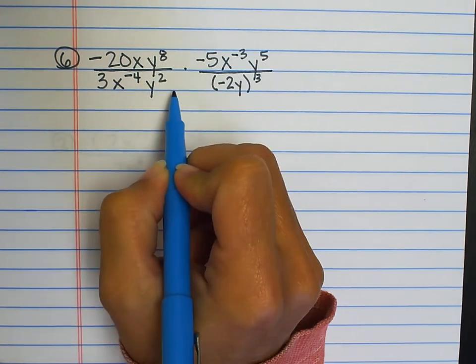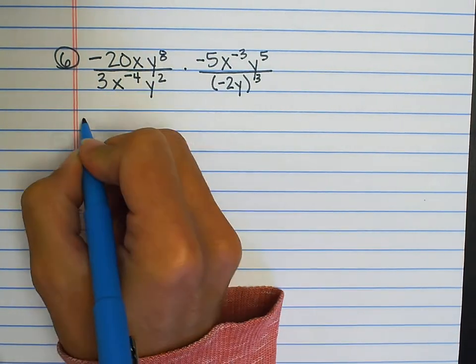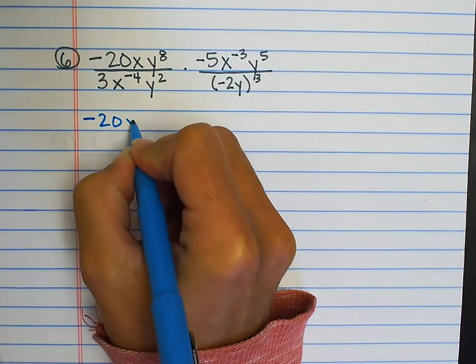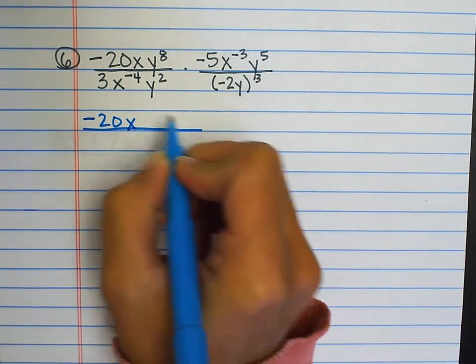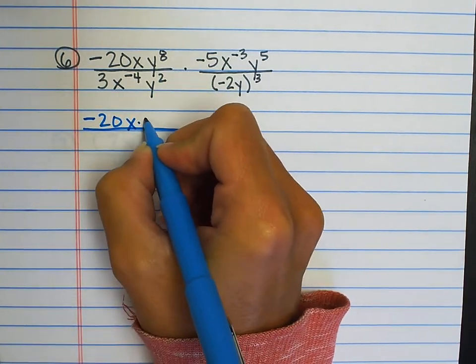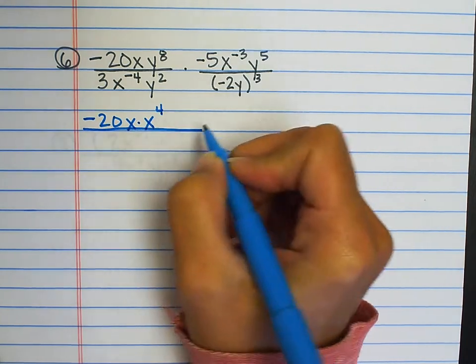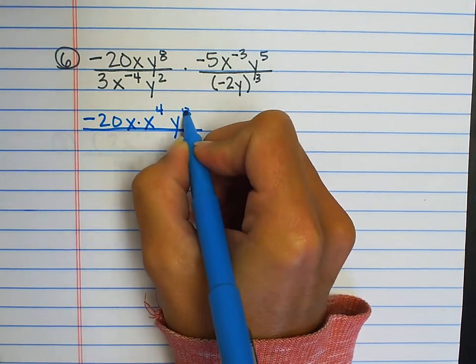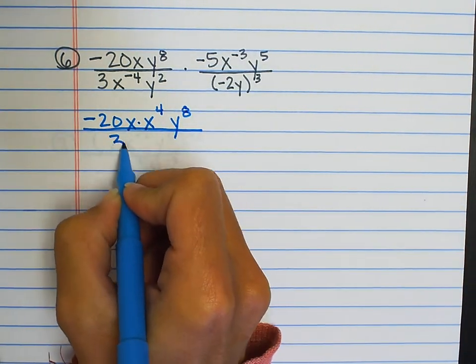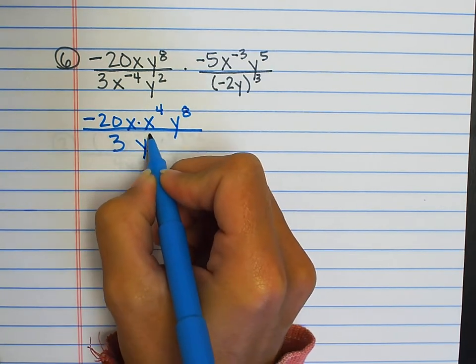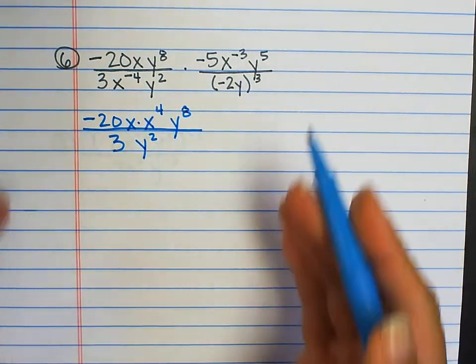So let's see what we have. We do have a negative exponent on the bottom, so let's go ahead and take care of that. I'm going to move that to the top and make it positive. Okay. So now I just have 3y squared on the bottom.